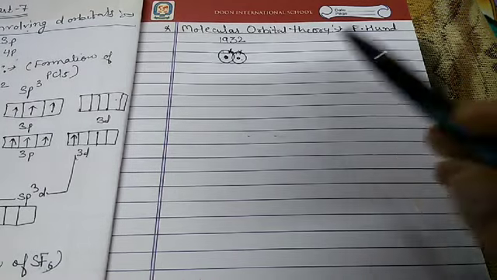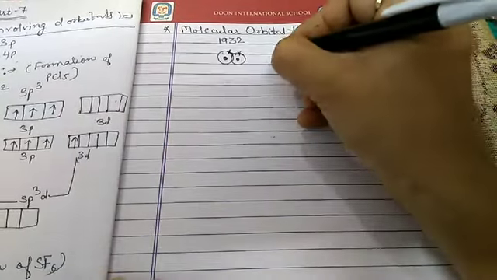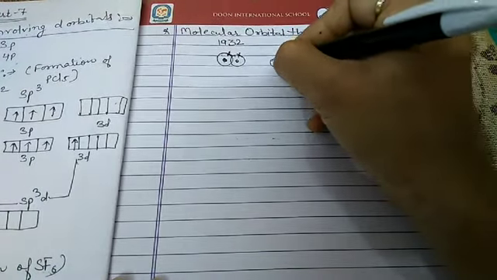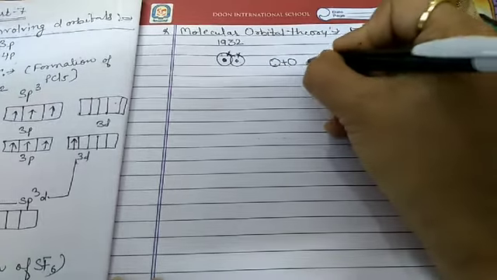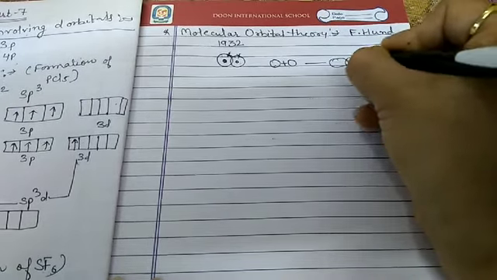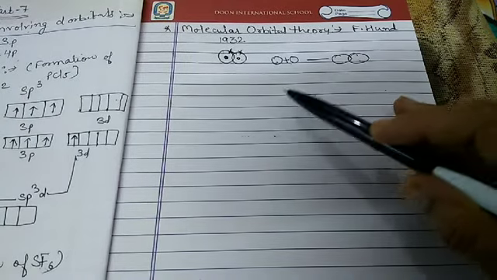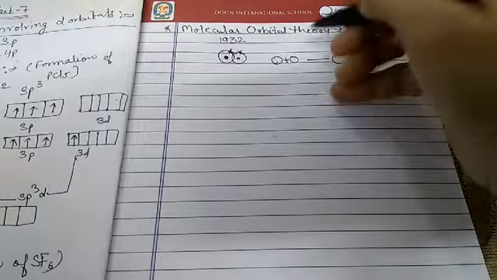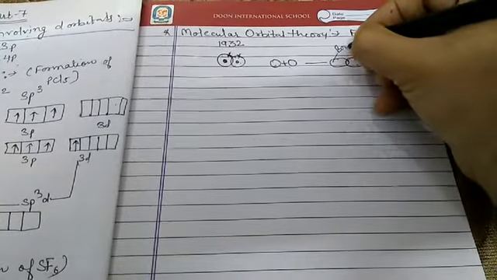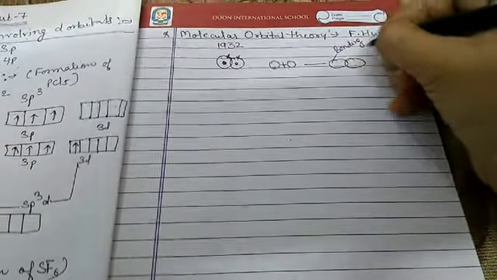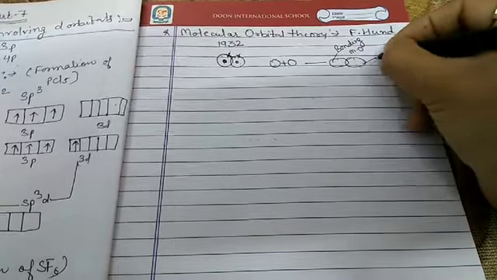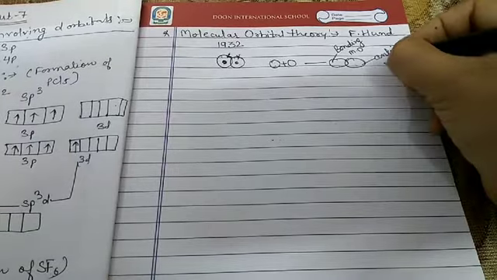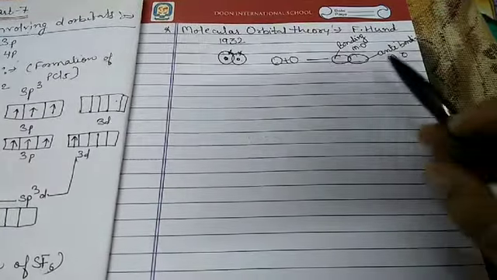It means that when two atomic orbitals combine, two molecular orbitals are formed, in which one is known as the bonding molecular orbital, and another one is called the anti-bonding molecular orbital.